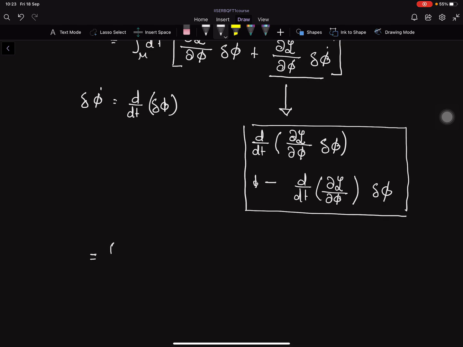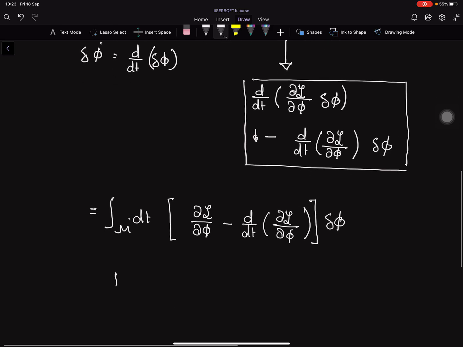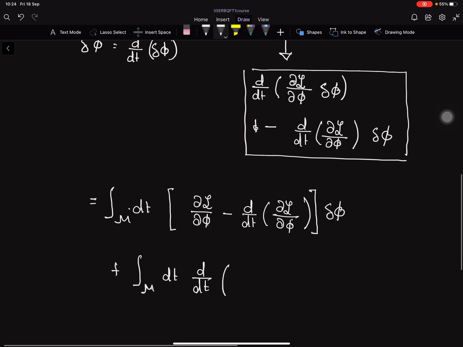If I put this back, then I get delta phi times the derivative of L with respect to phi, minus d/dt of del L del phi dot, times delta phi, plus d/dt of del L del phi dot delta phi.